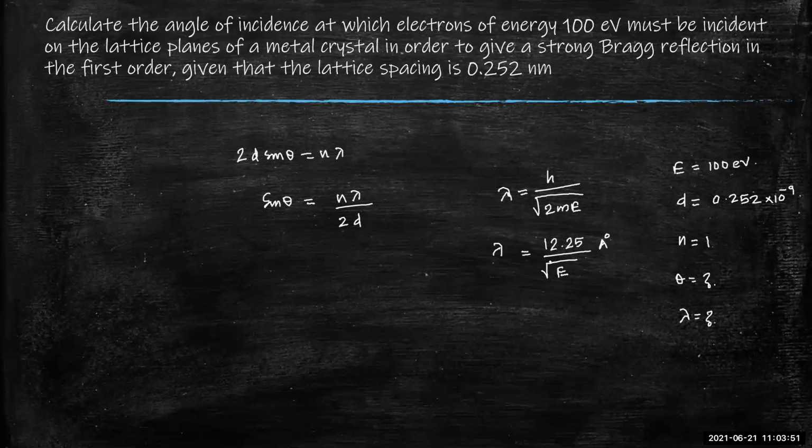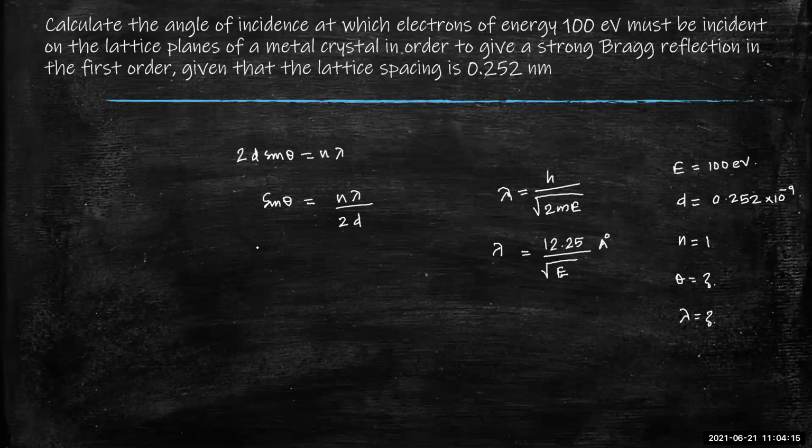This is the simple expression, where the values of h and m and 2 are substituted, and only root E remains in the denominator.